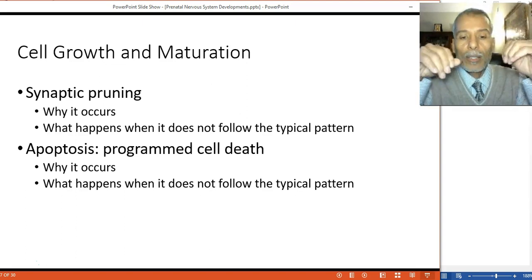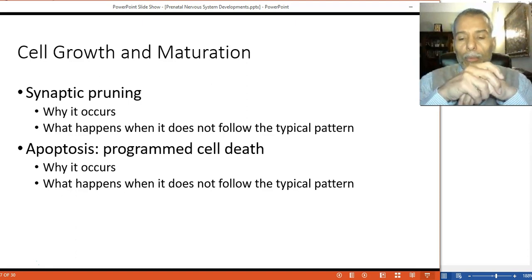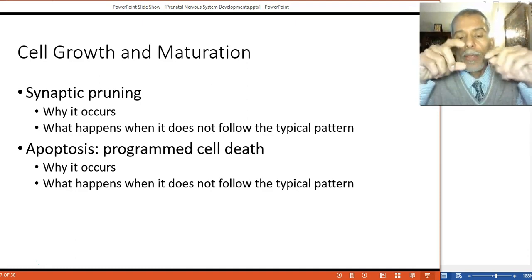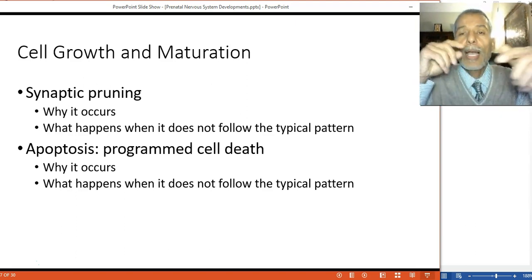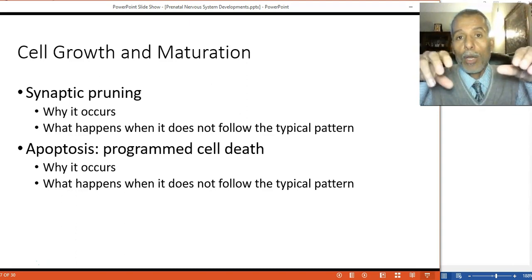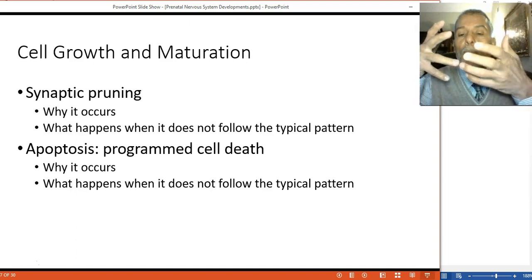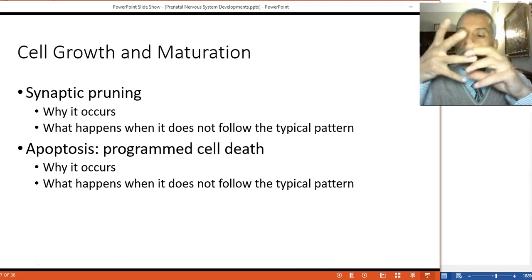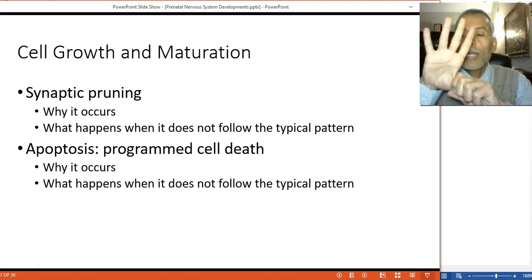As a result, as soon as the process of network formation begins, not long after birth, you have the process of synaptic pruning and apoptosis, or spontaneous cell death, of the neurons that are not used. So you have, for example, synaptic branches that are staying there and not connecting with anything else.